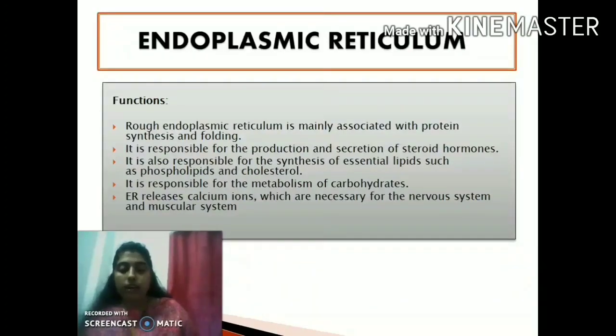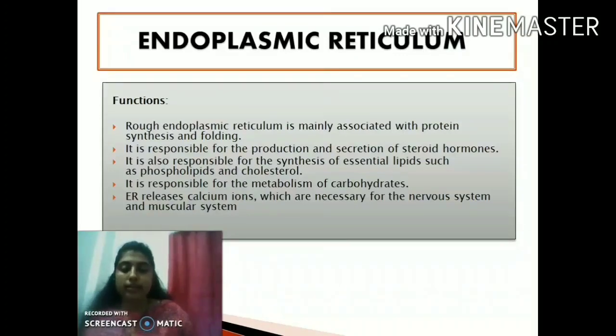And why is it so? Because the rough endoplasmic reticulum consists of important structures termed ribosomes, and the ribosomes are the sites where the proteins are synthesized within our cell. As the ribosomes are attached to the rough endoplasmic reticulum, they help to synthesize protein.